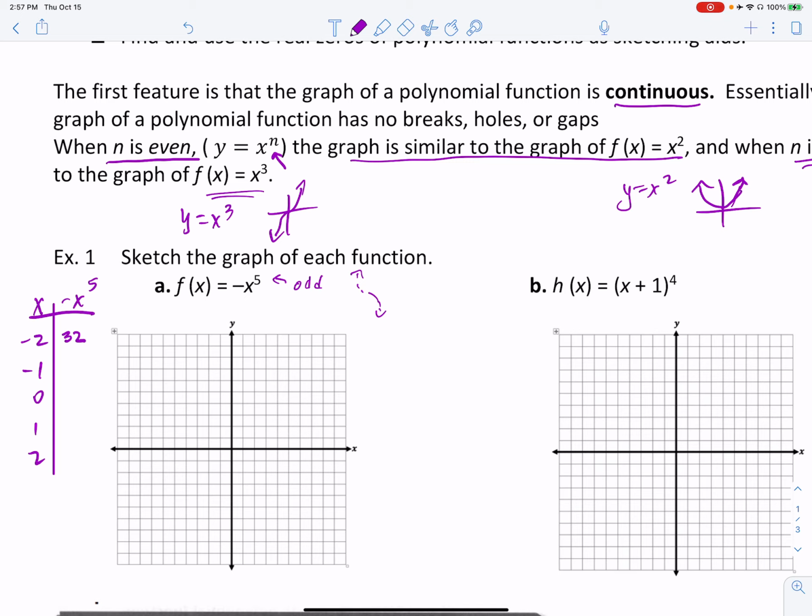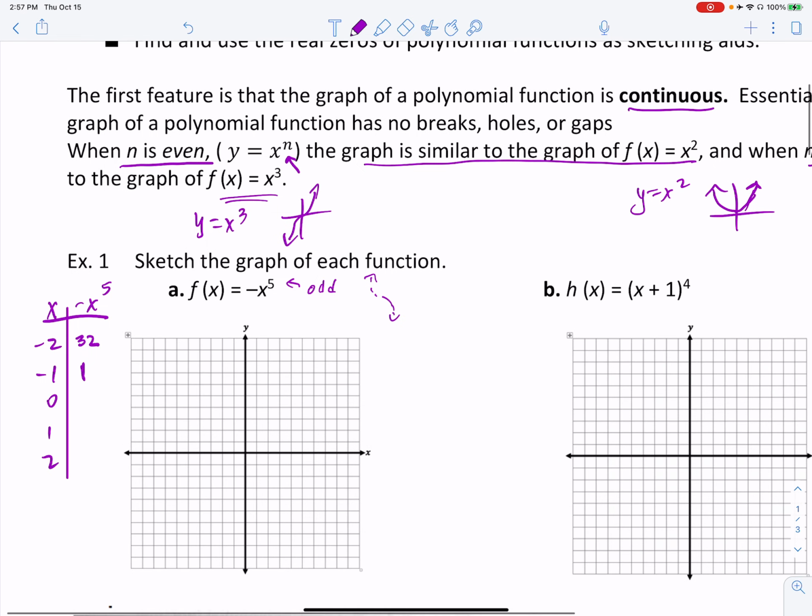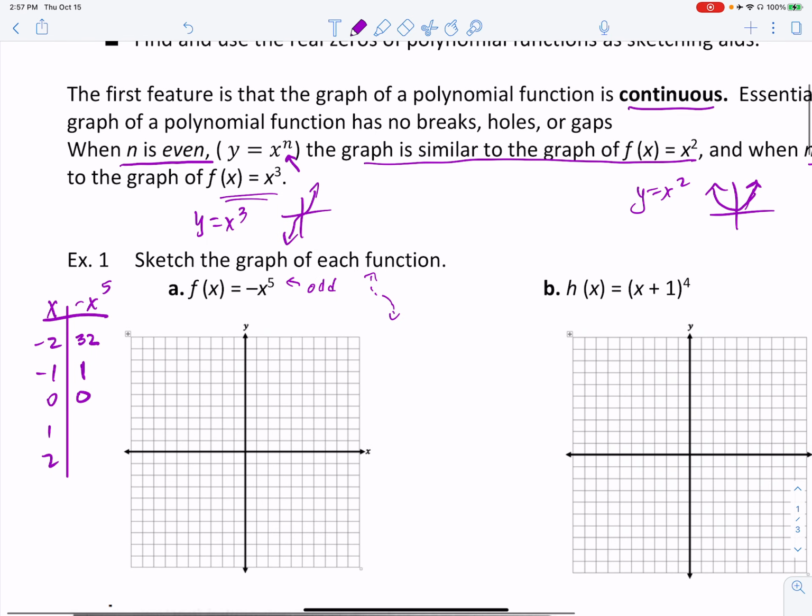At -1, I put -1 to the fifth, and get -1, and the opposite is +1. At 0, I have 0, and at 1, I have -1. And at 2, 2 to the fifth is 32, and then the opposite is -32.